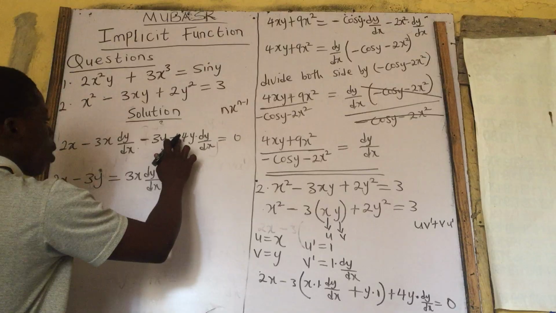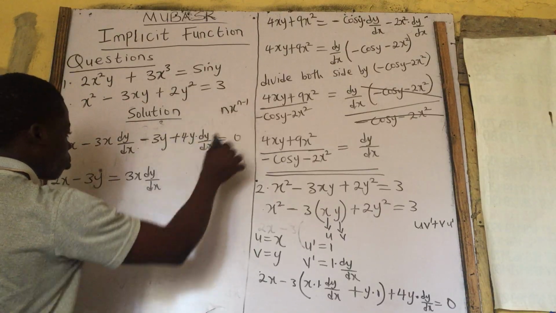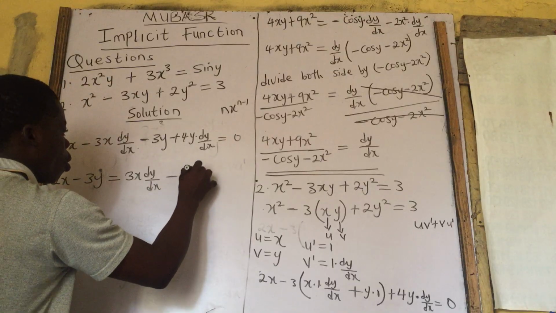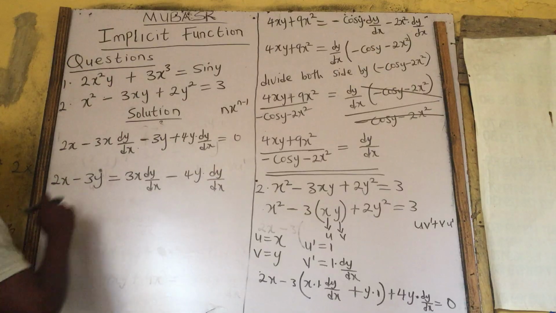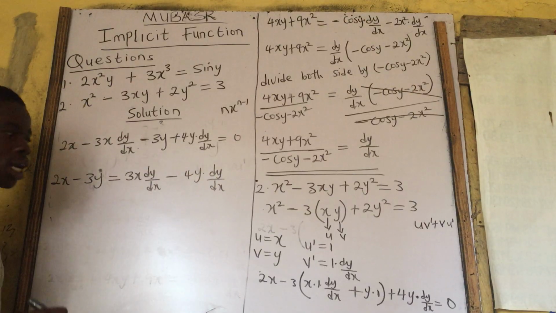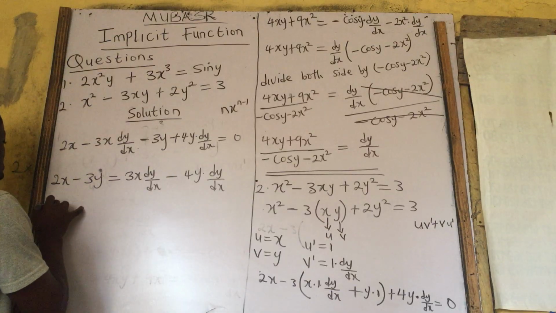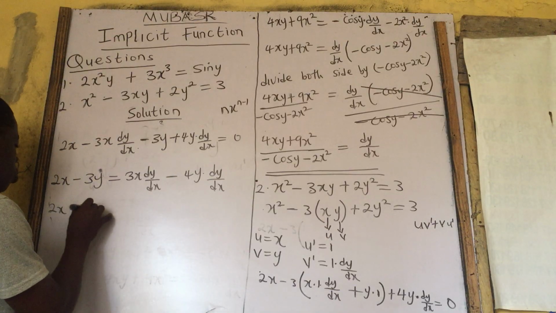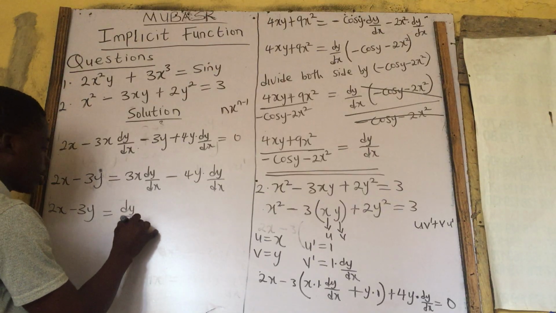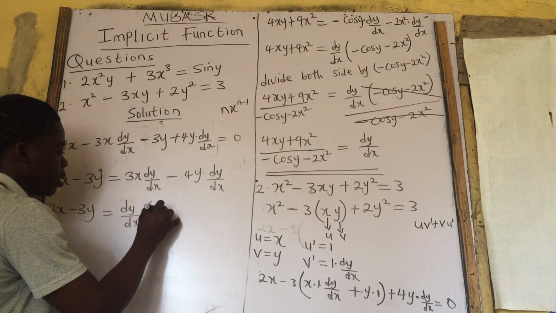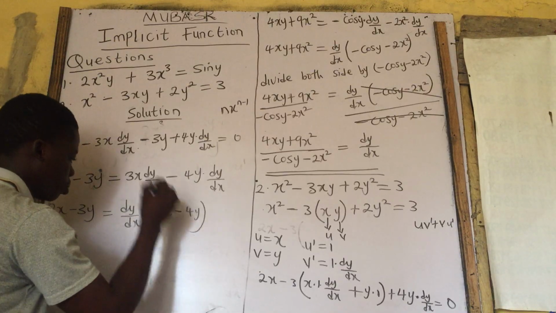If this 4y multiplied by dy over dx comes to this side, we change to minus 4y multiplied by dy over dx. Now I can factorize dy over dx out because it is a common value. Now 2x minus 3y equals dy over dx, open bracket, 3x minus 4y, close bracket.